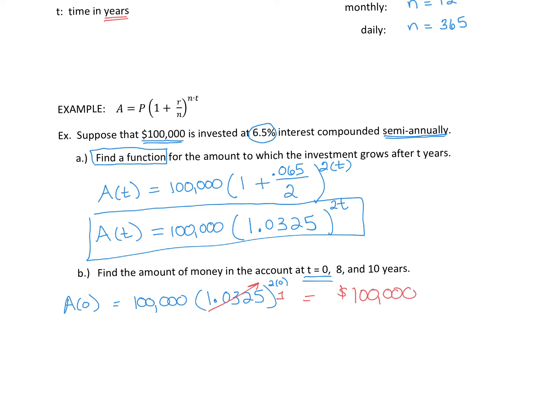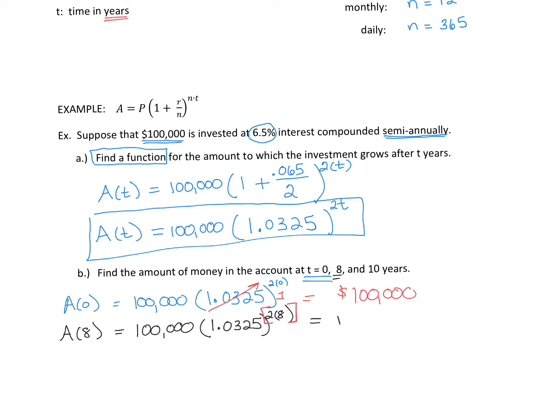If I want to know the value of the account at 8 years, we will plug it in: 100,000, 1.0325, 2 times 8. Now it's important that you practice using your calculator here. We don't want to raise it to the second and then multiply it by 8. So when you're doing your calculator, either put this in parentheses, 2 times 8, or do that calculation first and raise it to the 16th.